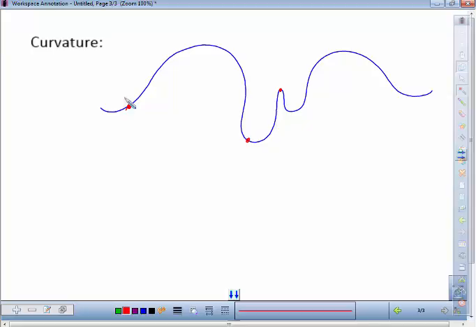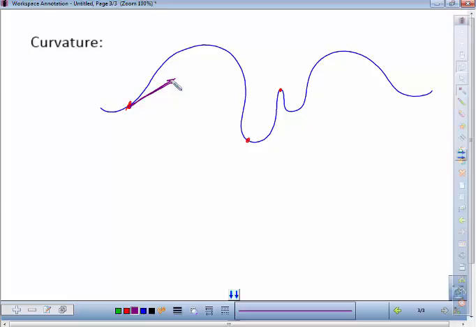So how can we measure how much something bends? Well, we can take a look at a tangent vector. Actually, tangent vectors are a little tricky because the length of the tangent vectors makes a difference.